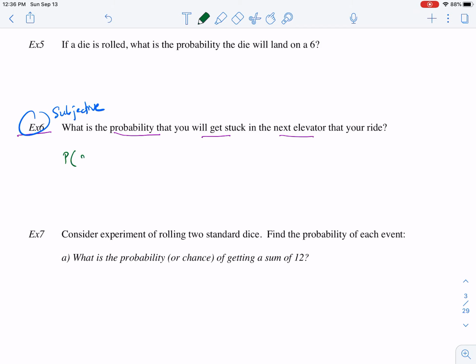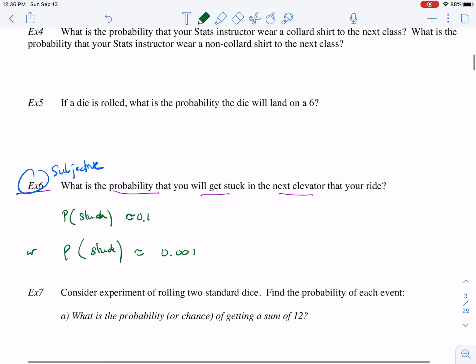Whereas another student might say getting stuck on the next elevator ride would be really small, like 0.001, less than 1%. So that's using the subjective approach.